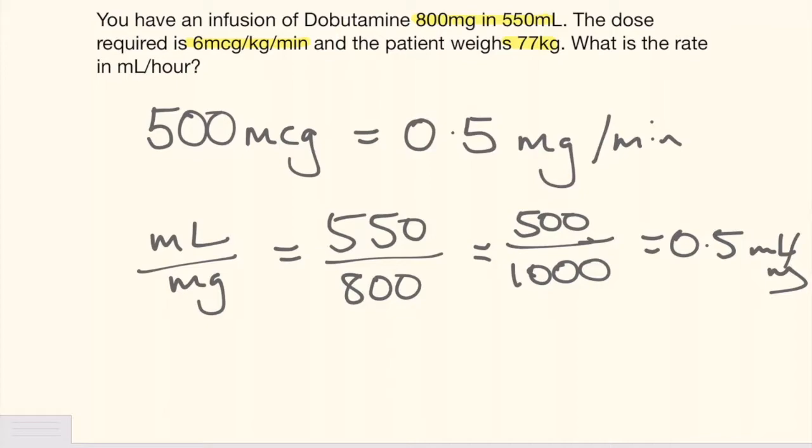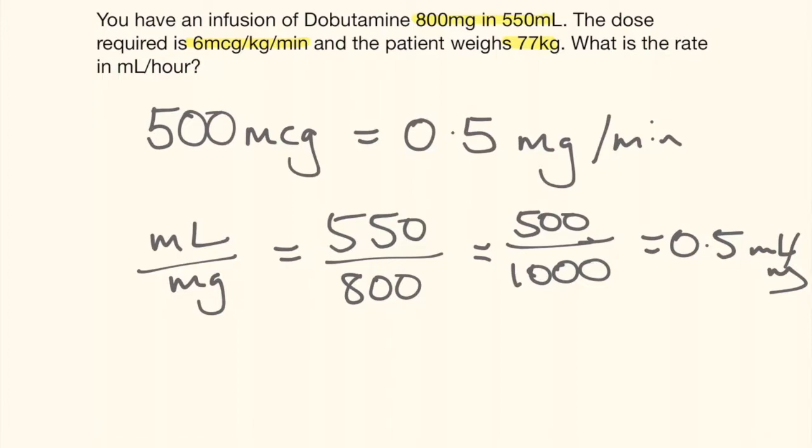So what does that number mean? For every 1 milligram, I have half a milliliter. But the dose is half a milligram. So for 1 milligram, I need half a milliliter. For half a milligram, well, what's half of a half? It's a quarter.